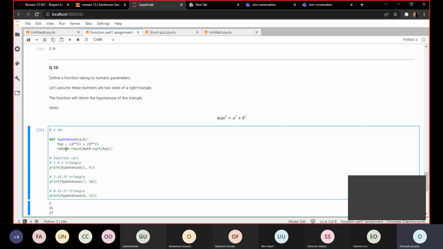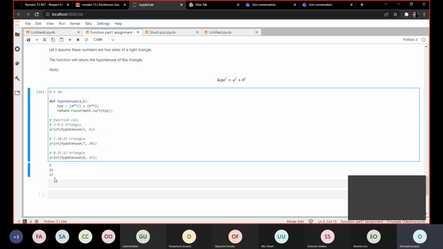Now to get your hypotenuse, you use the square root of hypotenuse. Now this function round is in case your number is not an integer, maybe it's a long float, it just helps.